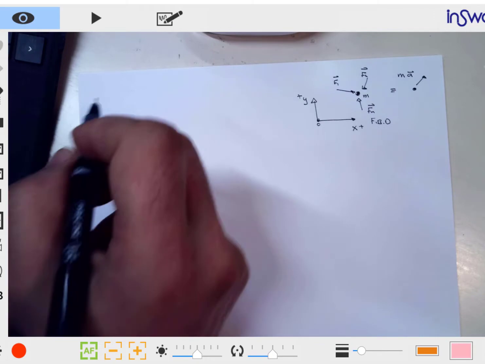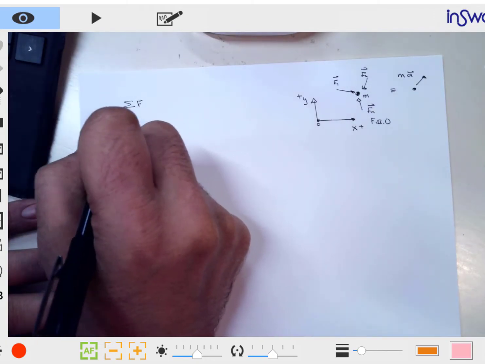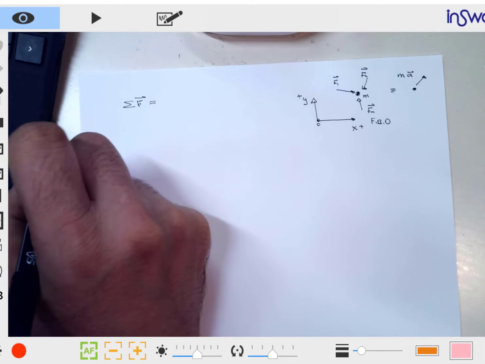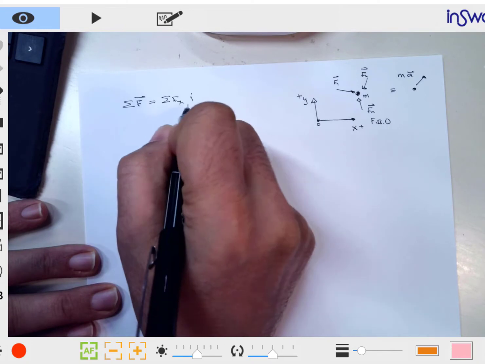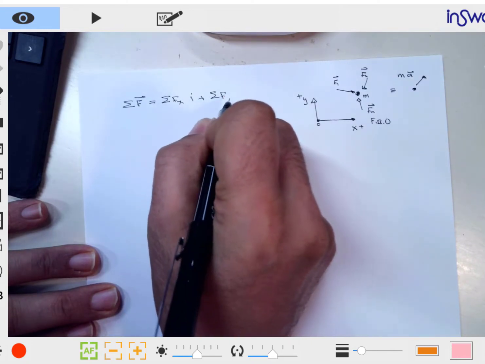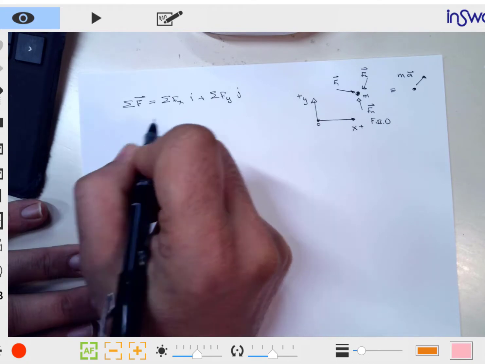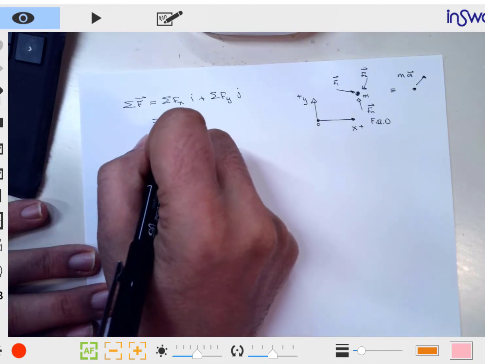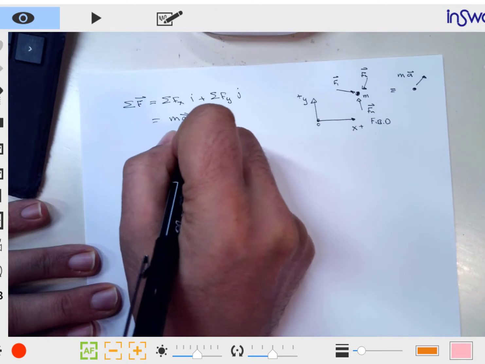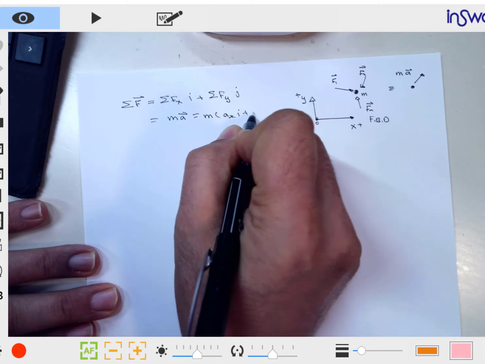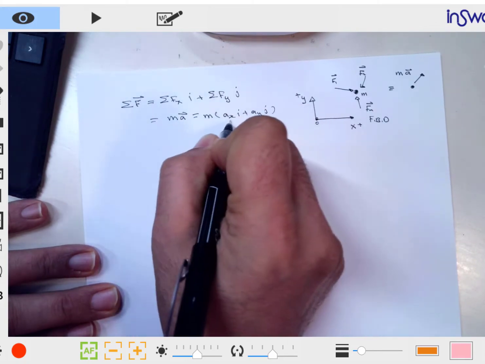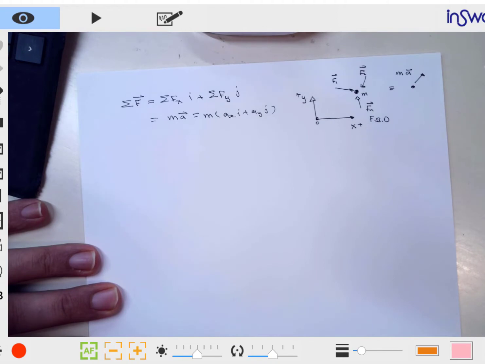In other words, the summation of forces acting on an object is equal to the summation of forces decomposed in i plus the summation of forces decomposed in j, and that is equal to the inertia, ma, or I can write it as max i plus ay j. So this is acceleration in two directions, x and y. That's the topic of today.